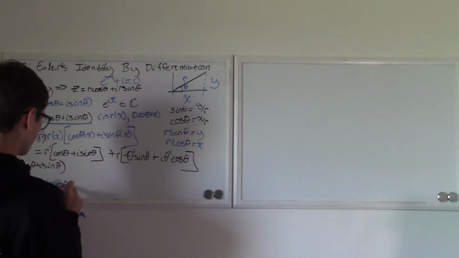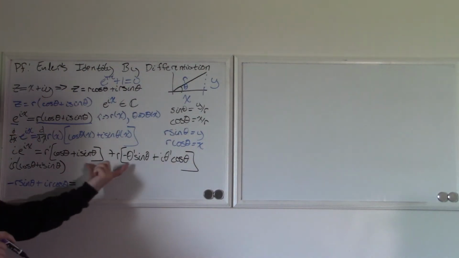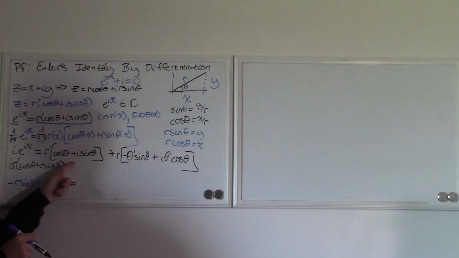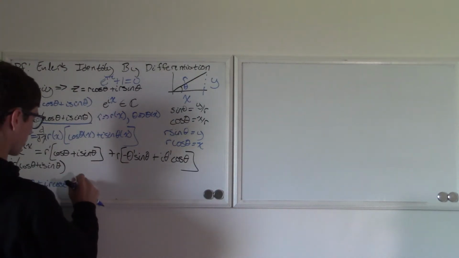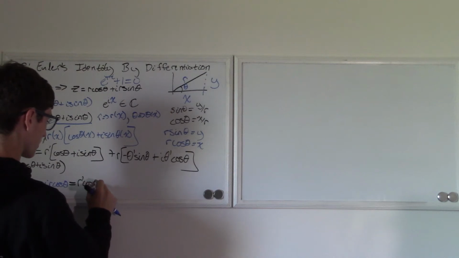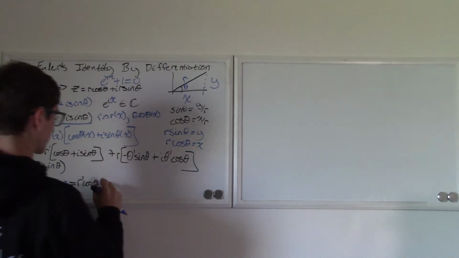And this is equal to, we're just going to distribute these things. We're going to distribute r prime to here and r to here. Distributing r prime, we get r prime cosine theta plus r prime i sine theta.